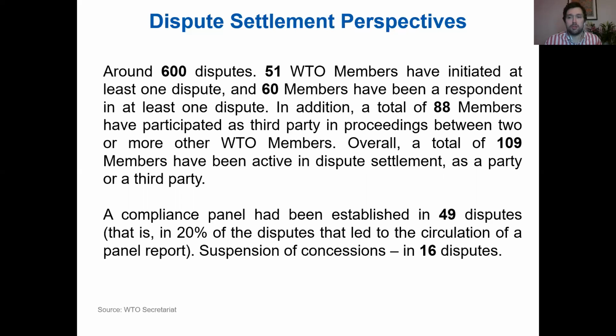Every third member of the WTO, 60 members, have been respondents, 88 have participated as third parties, and overall 109 have been active in dispute settlement as a party or a third party. That is a lot given that we have around 160 members, so the mechanism is very much in demand among the members.